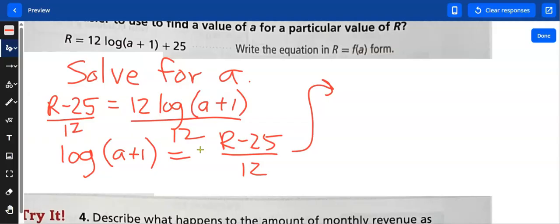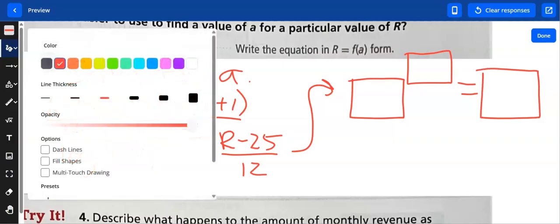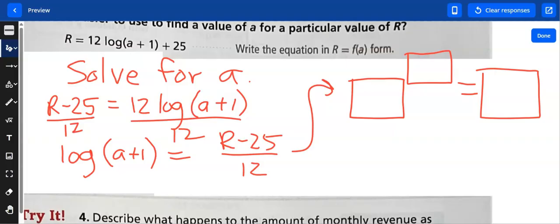What's your idea? Change to exponential form. What a novel concept. What's the base? 10. What's the exponent? Your choices for exponent are A plus 1 or R minus 25 over 12.